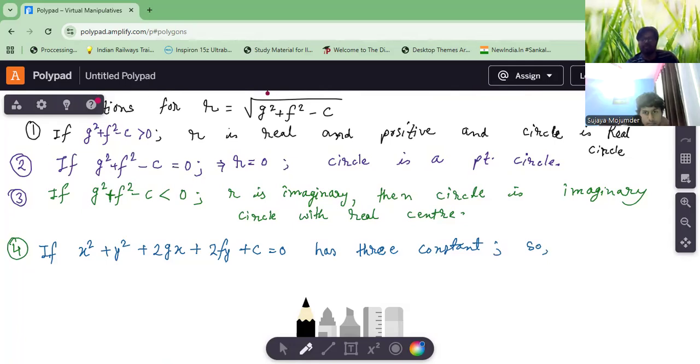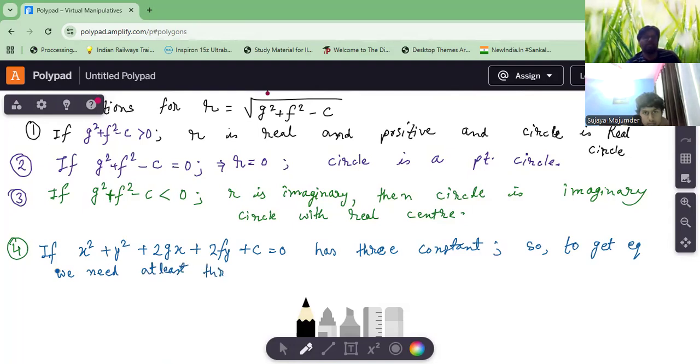So we need at least three conditions to get the equation. Okay.